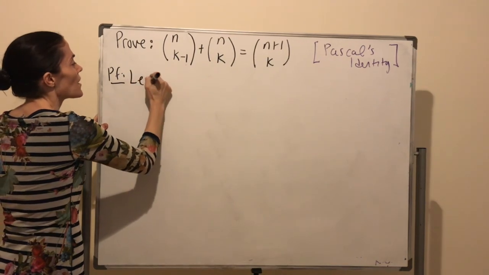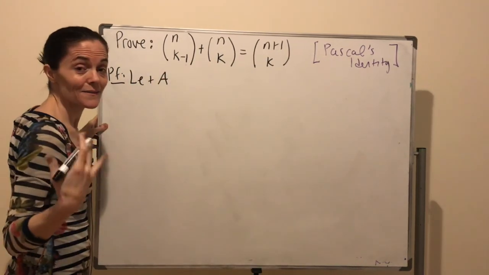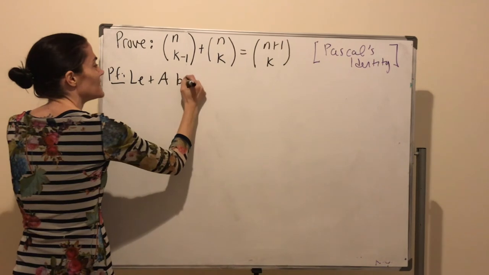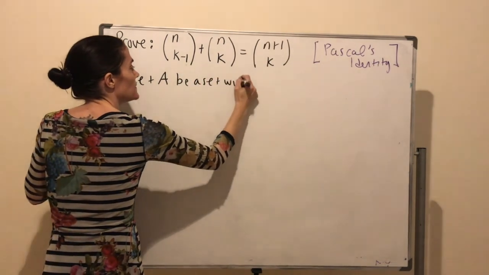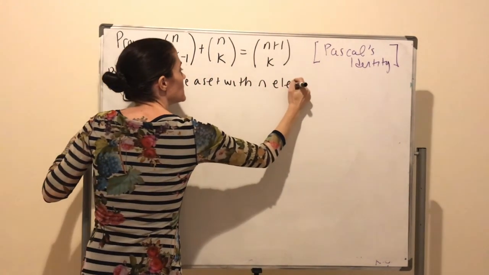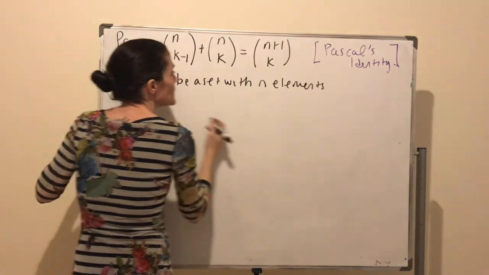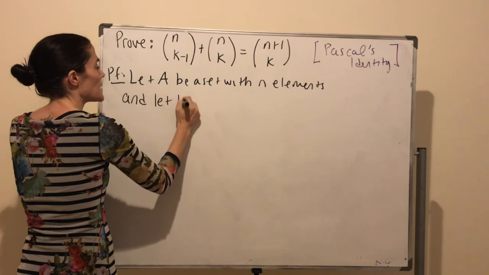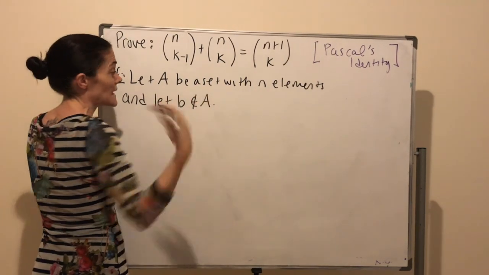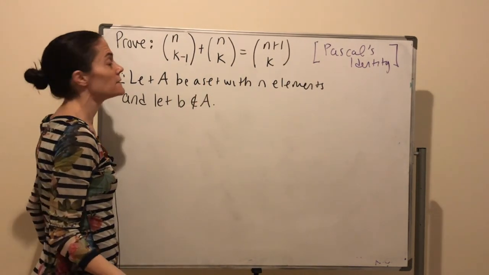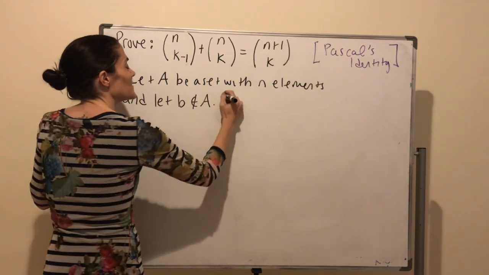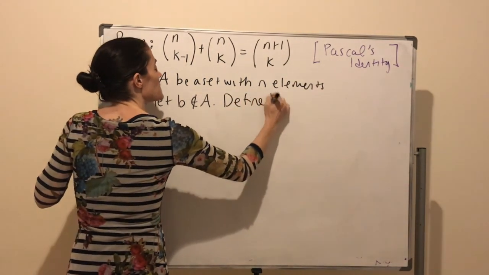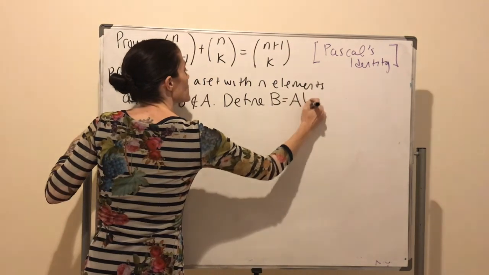I'm going to start with a set A with n elements. And let's let b be anything that is not in A. Okay, we define capital B to be A union {b}.